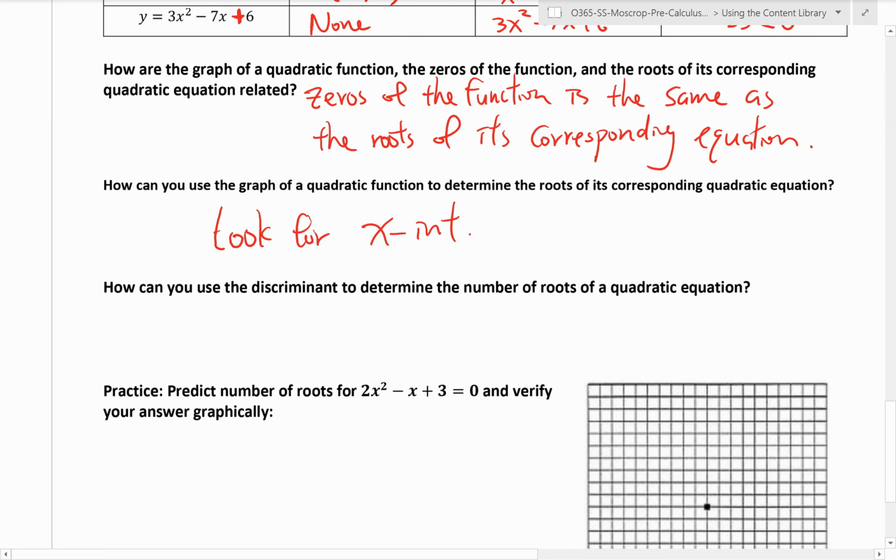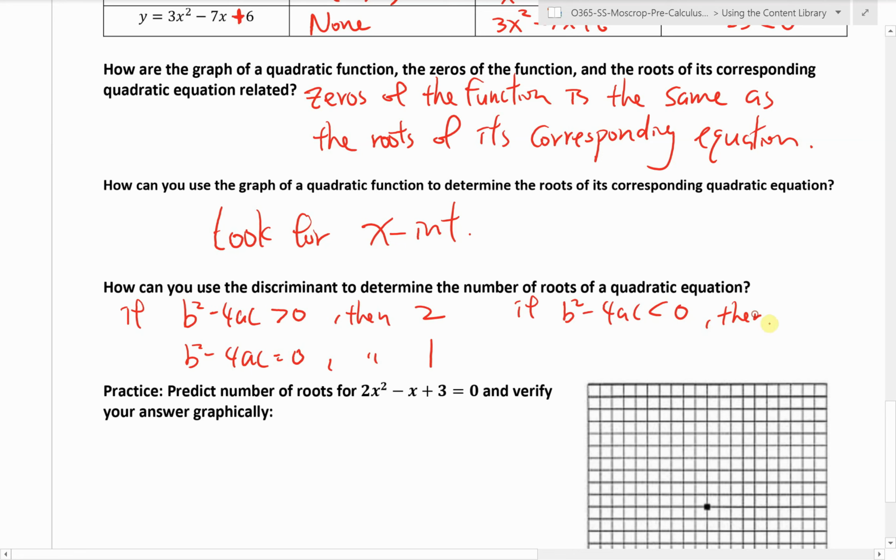Again, like I said, I think I mentioned all these already, but I guess let's just put it in words. How can you use discriminant to determine the number of roots? Well, if b squared minus 4ac is bigger than 0, then 2. If b squared minus 4ac is equal to 0, then 1. If b squared minus 4ac is less than 0, then 0.